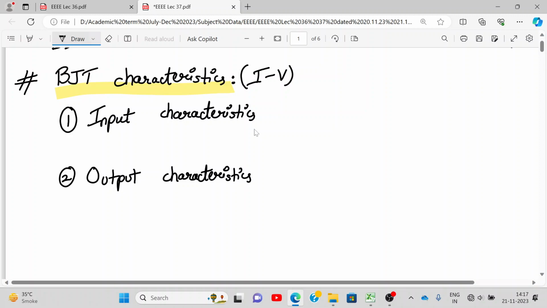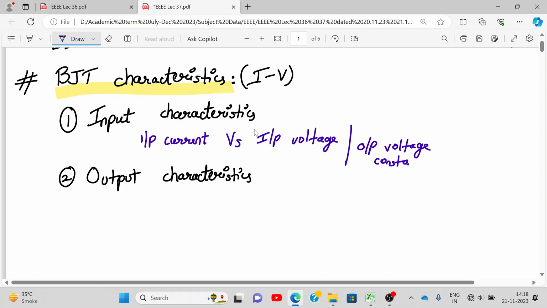So, input characteristics is input current versus input voltage at output voltage constant.